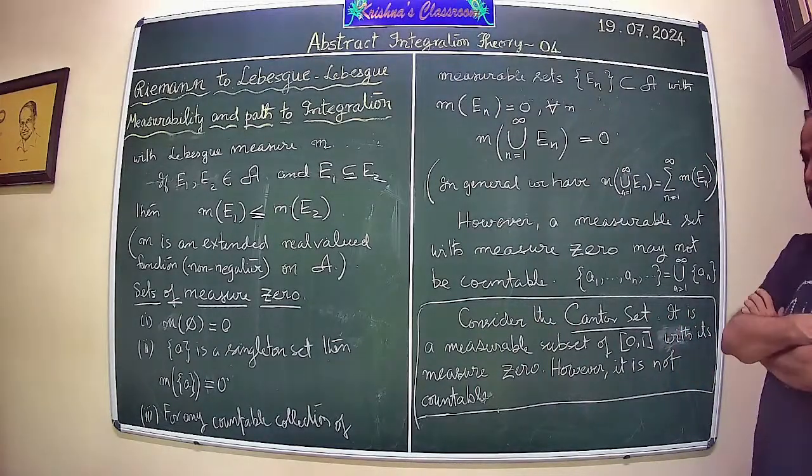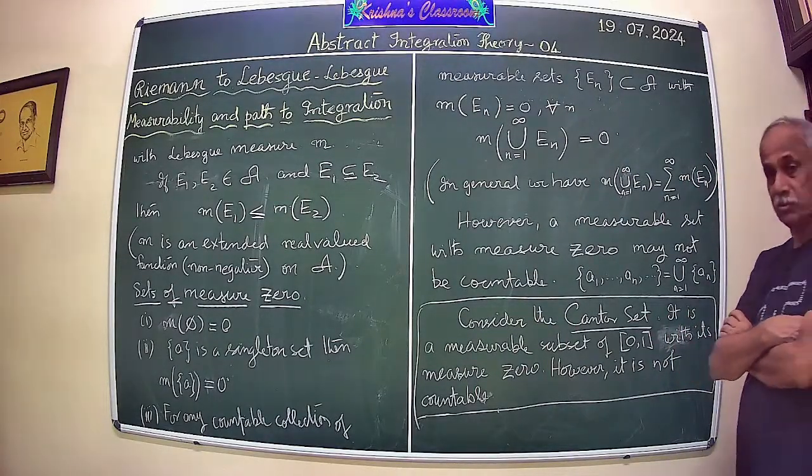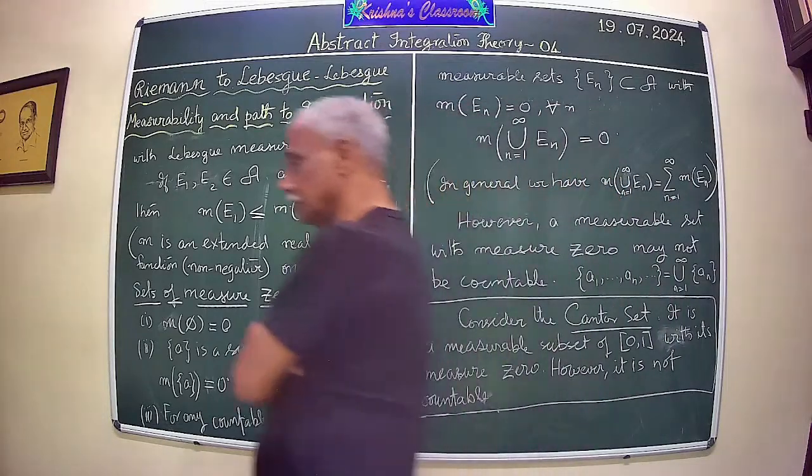And also one more thing that you can say is that if E is measurable, you cannot say that any subset of E is measurable. So caution.